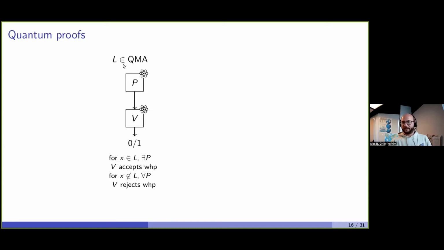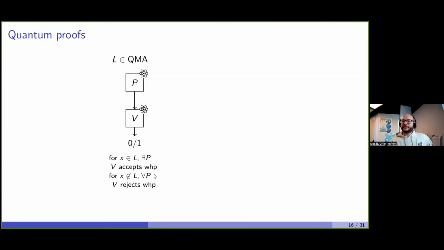So yeah, let me define QMA. So this is just the quantized version of NP. What you want is that you have now a quantum verification algorithm that receives a quantum proof from the prover, and using this quantum algorithm, it decides to accept or reject. And for yes instances, there exists some quantum proof that makes the verifier accept.